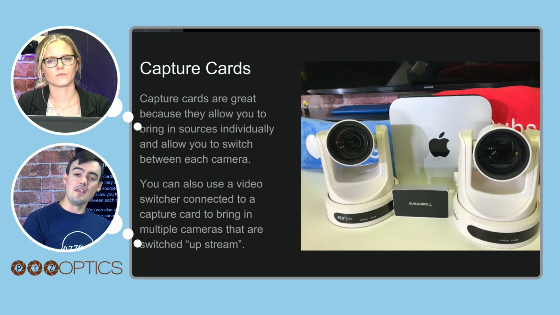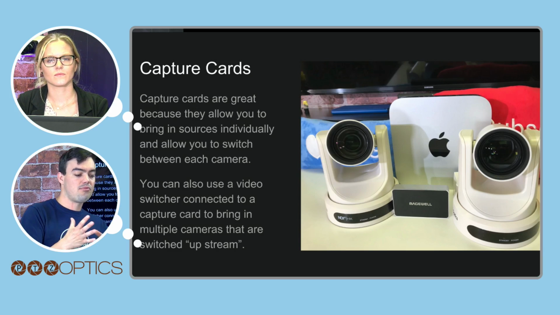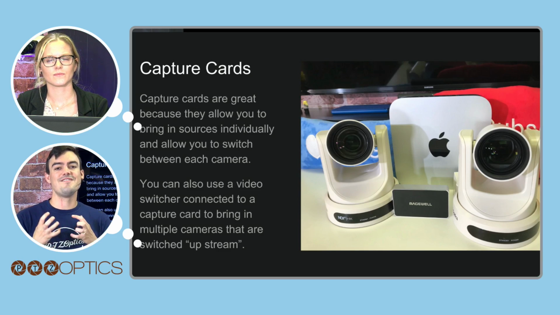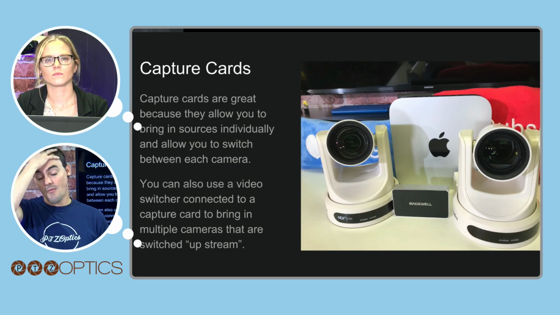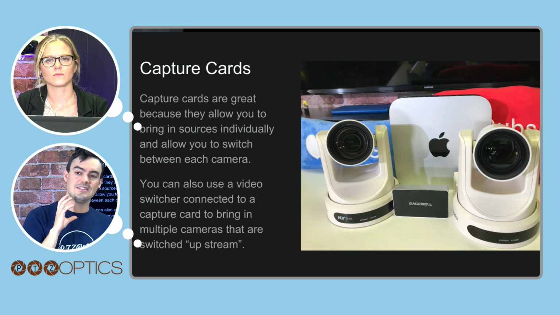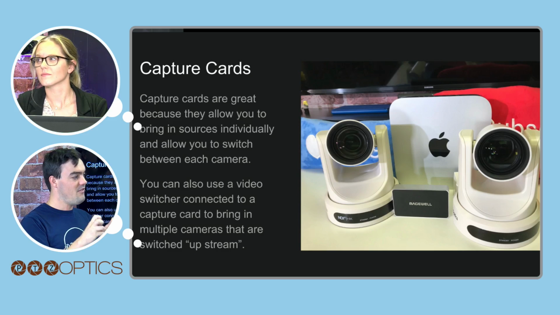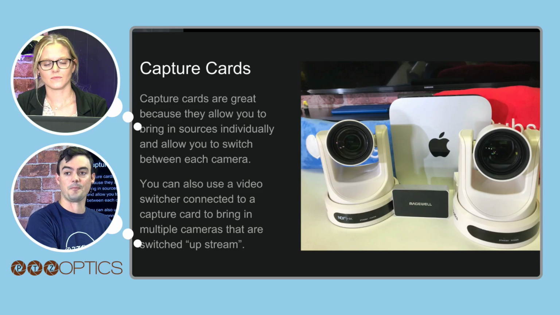Now, the great thing about capture cards is that you're bringing in each video source individually. So in your software, you can have 4 cameras and you can decide when you want to switch to each one at any time. But what we're going to talk about is a way to take the processing power of all of those 4 or 6 or 8 cameras off your little Mac Mini or whatever Mac computer you have and put that into what I call an upstream video switcher, which is like a Blackmagic switcher.